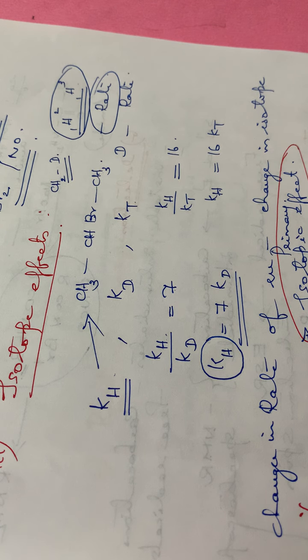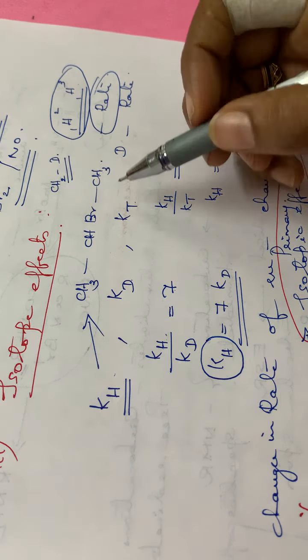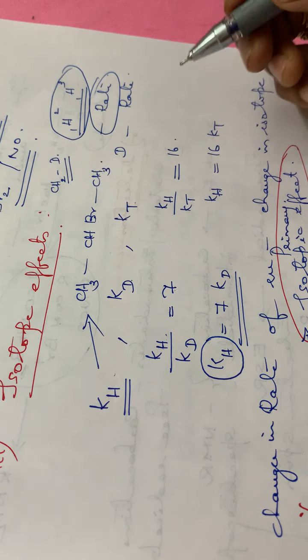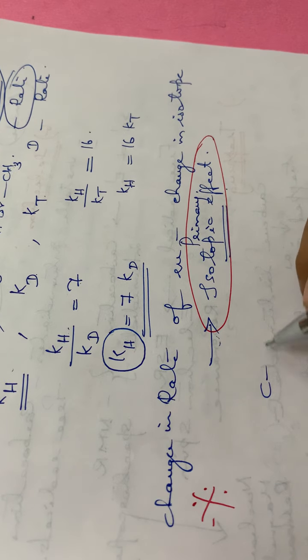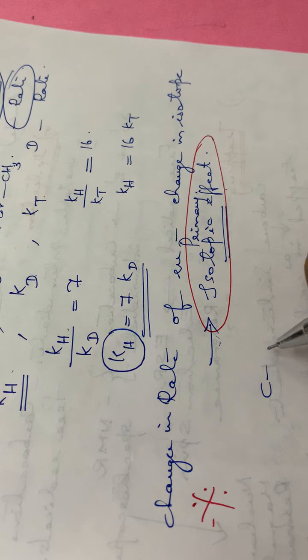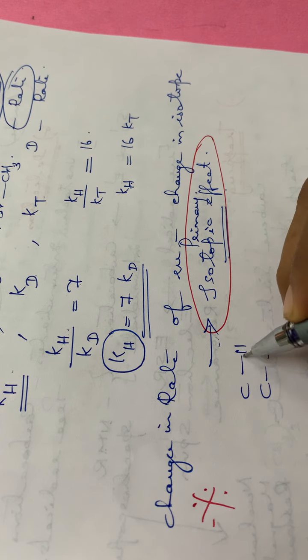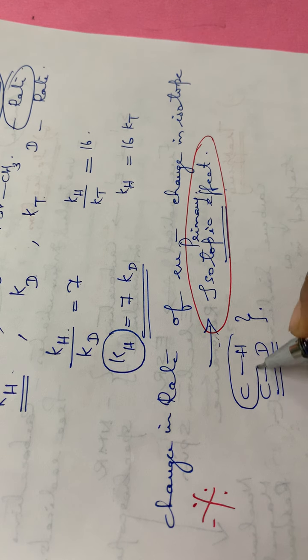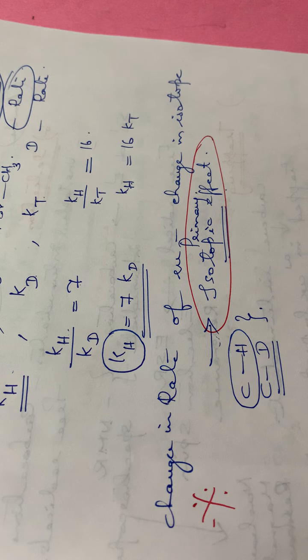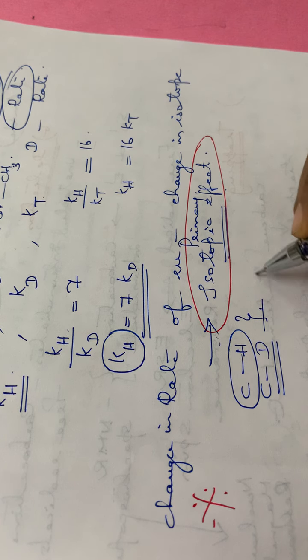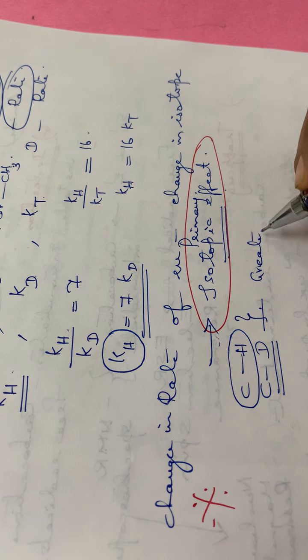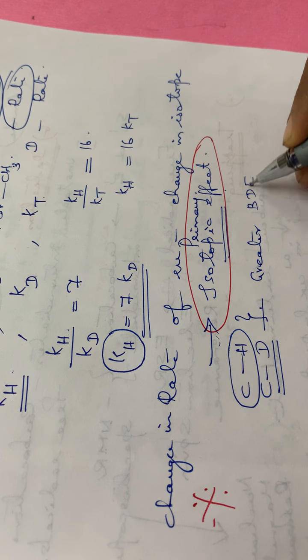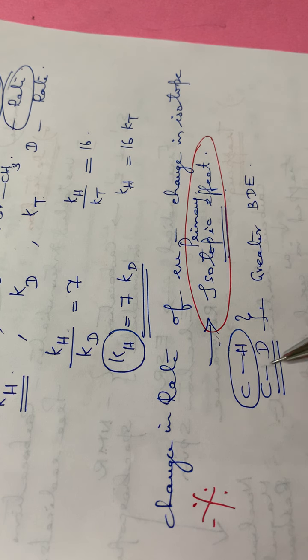So in the case of the two reactions, a CD bond and a CH bond, the bond breaking of a CD bond is more difficult compared to that of a CH bond. Okay, that means greater bond dissociation energy is needed for breaking of the CD bond compared with that of the CH bond.